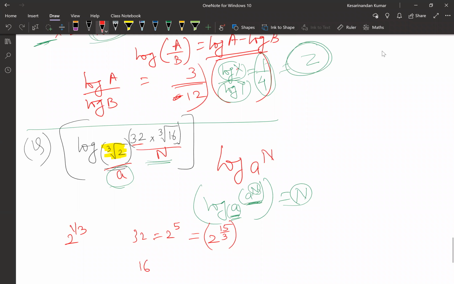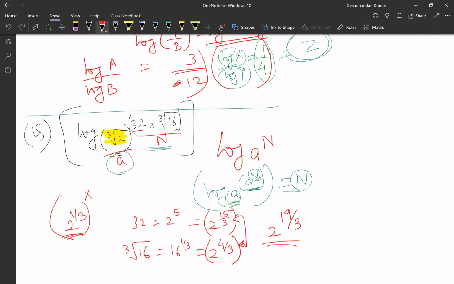Now the cube root of 16 is basically 16 raised to 1 by 3, and 16 is 2 raised to 4, so I can express it like this. Now these two are multiplied, so I can add the indices, so this will become 2 raised to 19 by 3. So by how many times will you have to raise this to get this? The answer is 19.